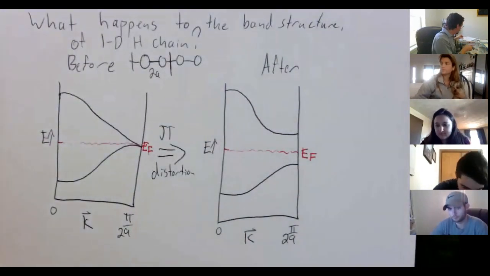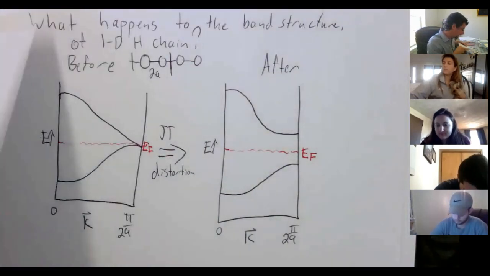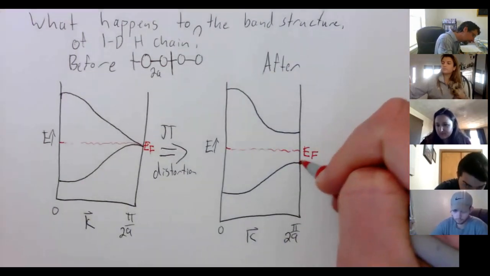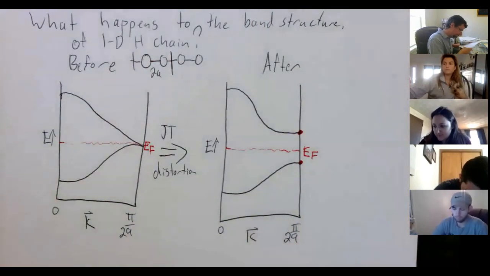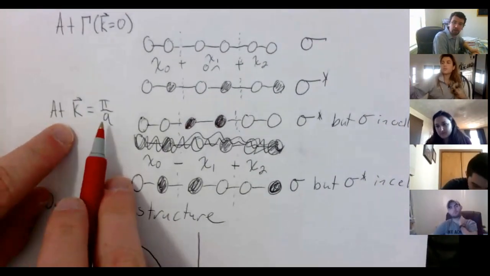And this has to deal with what Taro was saying. So we're going to look at these points here and here. We're looking at pi over a.